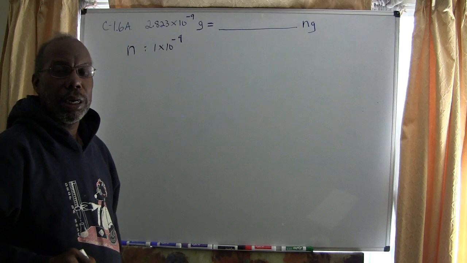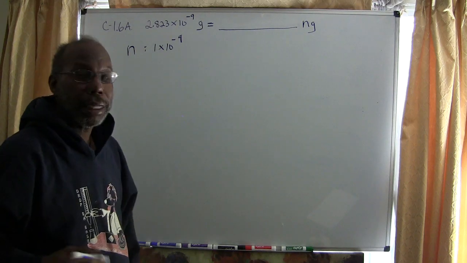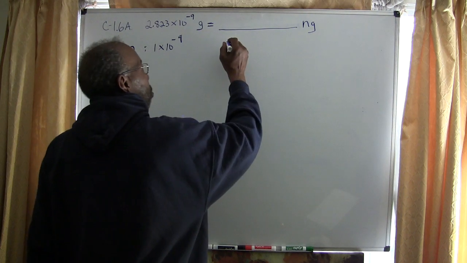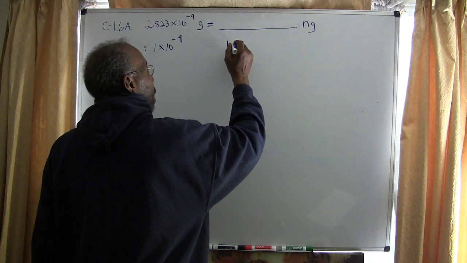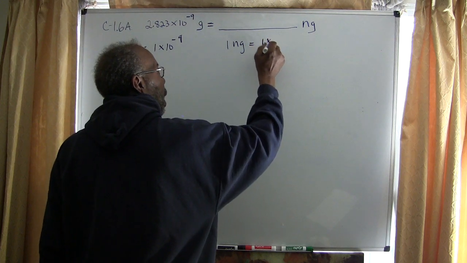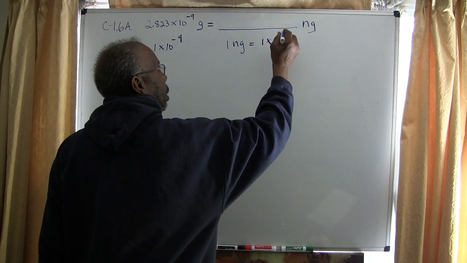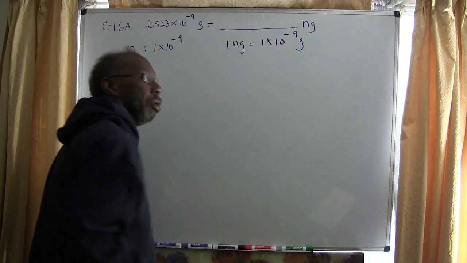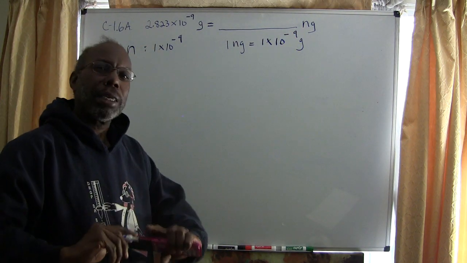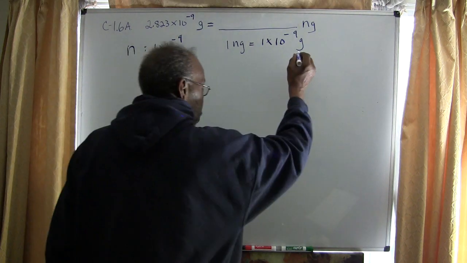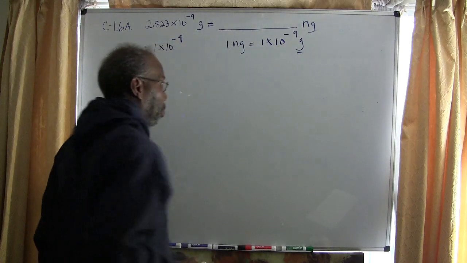So the meaning here, and an example since we're dealing with mass, is 1 nanogram is equal to 1 times 10 to the minus 9 grams. So that's 1 billionth of a gram, the base unit of the unit quantity, which is the gram here.